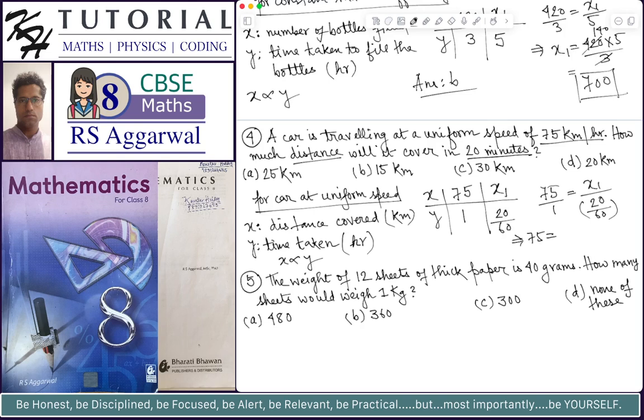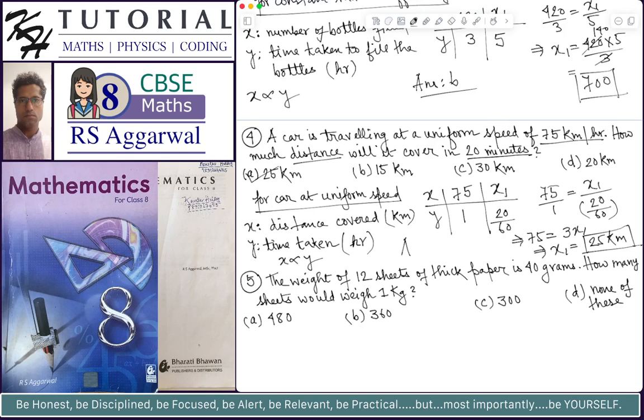If you simplify the right hand side, it will become 60 multiplied by x1 divided by 20, which is 3x1. So this implies x1 is equal to 25 kilometer. So the correct choice is A.